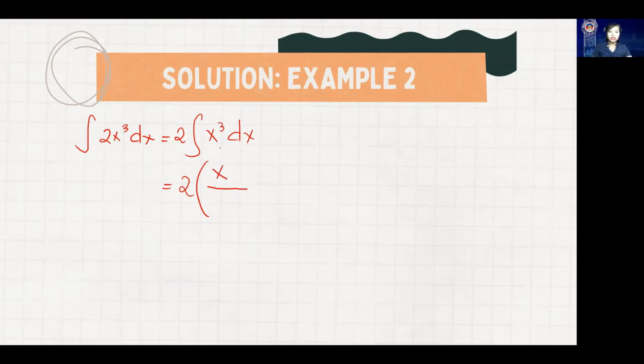By adding 1 on the exponent, we have 4 here, and we have 4 also here. Then by adding the arbitrary constant c. Then by getting the common term of the numerator and denominator, 2 and 4, the common number is 2. So 2 would become 1, 4 would become 2. So we have 1/2 x raised to 4 plus c. That would be the answer for the integral of 2x cubed dx.